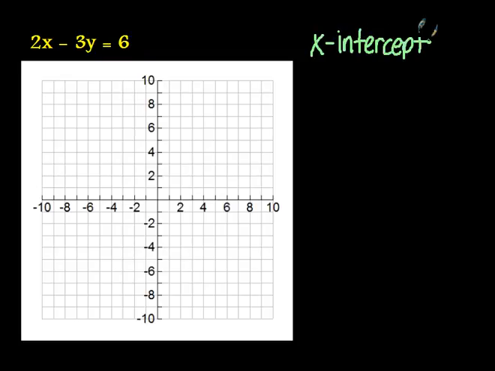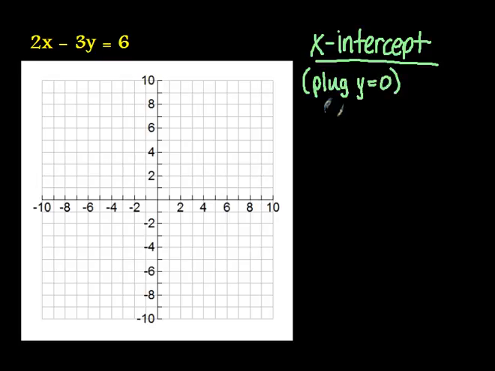When your line is already in standard form, particularly one like this, where the coefficient of x and the coefficient of y are both factors of the constant term, then it's a little bit easier to go ahead and find your x-intercept and y-intercept. Remember, to get the x-intercept, I plug in 0 for y.